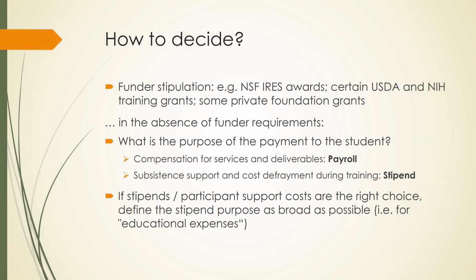So there are specific awards, for example, NSF IRIS awards, certain USDA or NIH training grants. There's also some private foundation grants that stipulate, for example, that payments to students have to be stipends. Other types of grants, NIH research grants, stipulate payments have to be payroll, and so on and so forth.